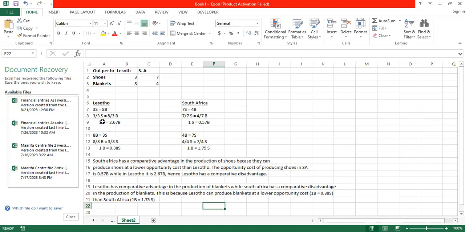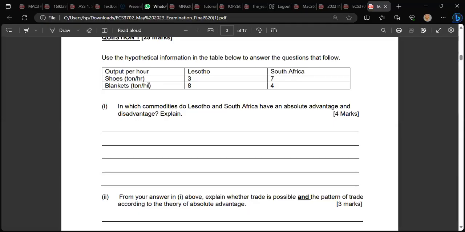Regarding absolute advantage, how does labor productivity feature in? Labor productivity as the determining factor comes in here: per hour, this is all labor.